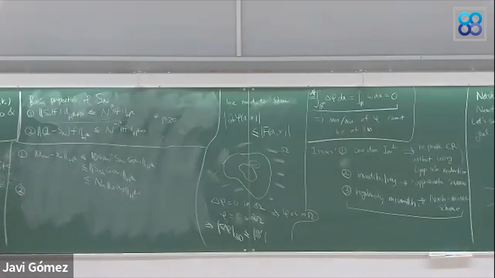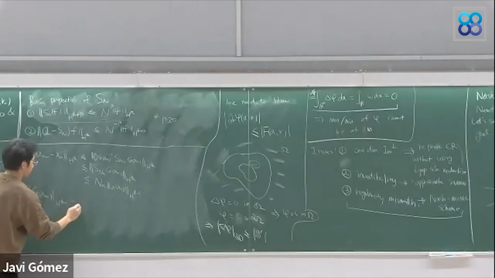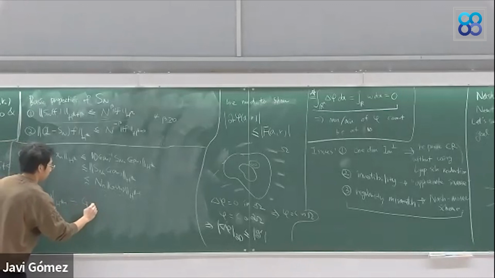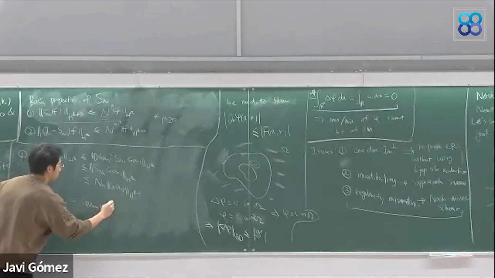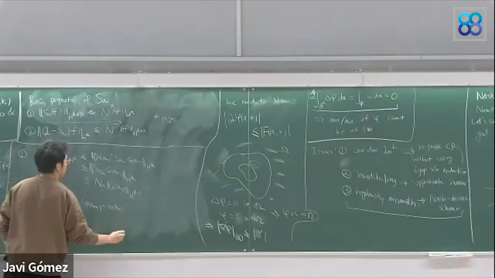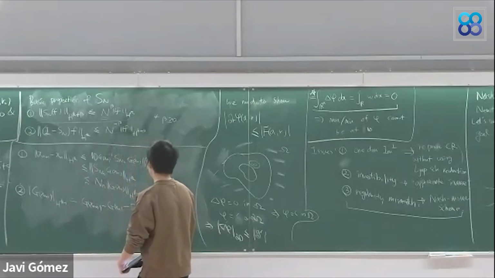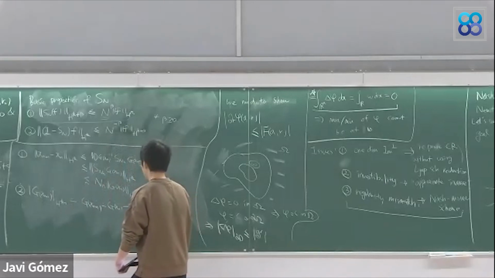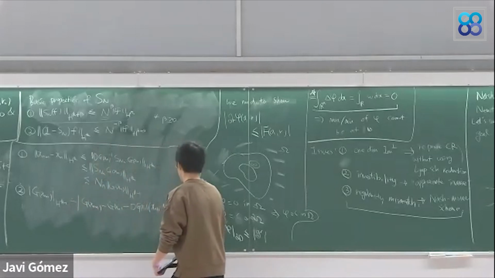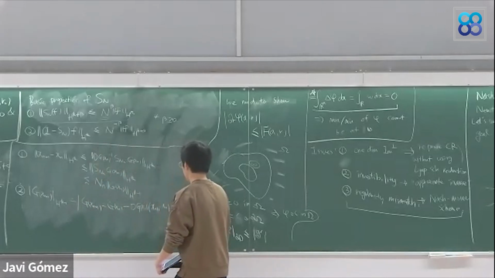And then now we look at how G of x_{n+1} changes. We look at this in the H^(k-1) space. I'm going to write this as G(x_{n+1}) minus G(x_n) minus DG(x_n)(x_{n+1} minus x_n) in H^(k-1).